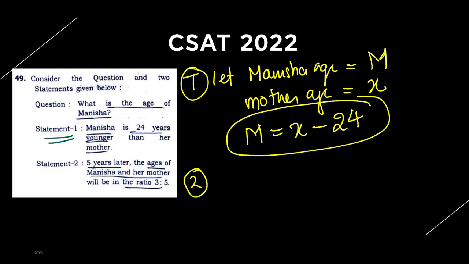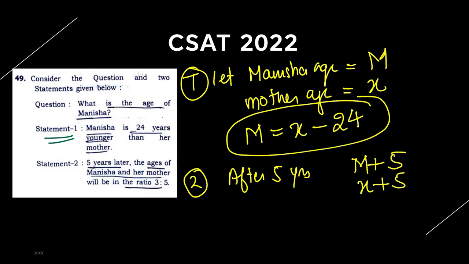Now you can check the same for statement number 2. After 5 years, what will be Manisha's age? It will be M plus 5. What will be the mother's age? That will be X plus 5. So M plus 5 divided by X plus 5 is in the ratio of 3 by 5.